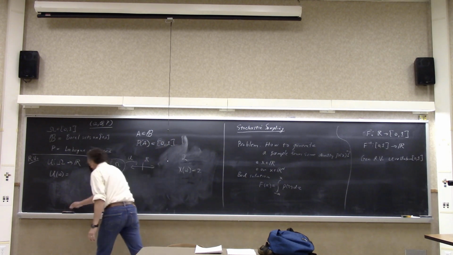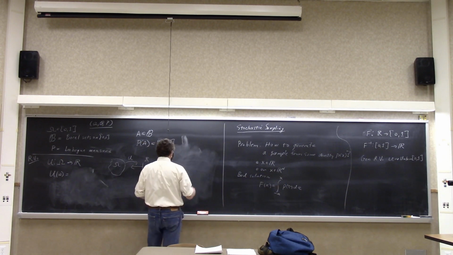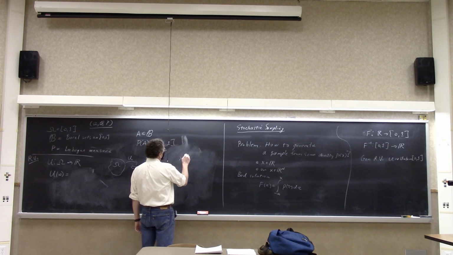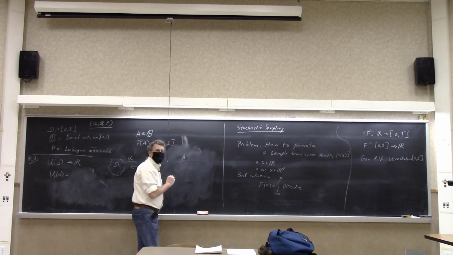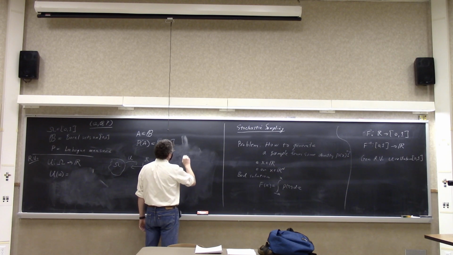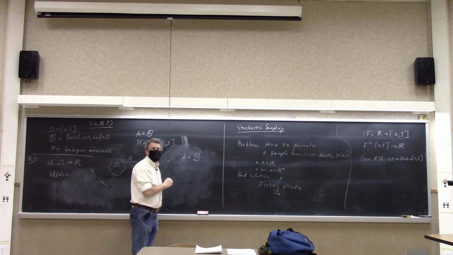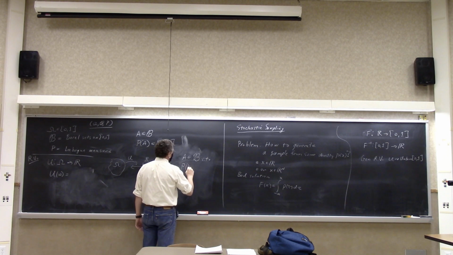So that's why you can ask a question like, oh, it even gets worse than that. You could pick a member of the Borels, okay, such that the probability of A equals 0.